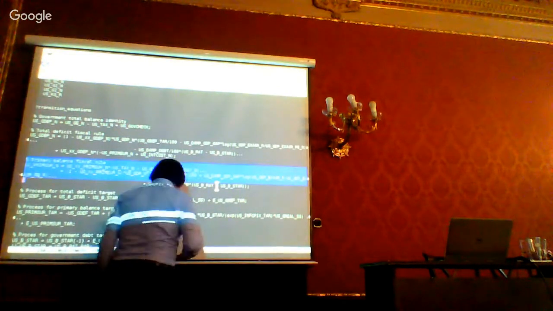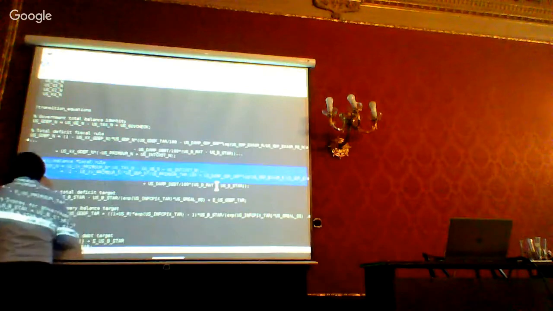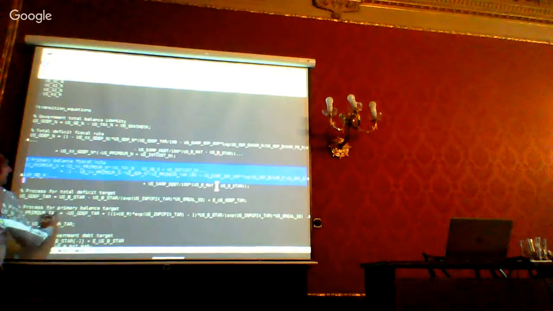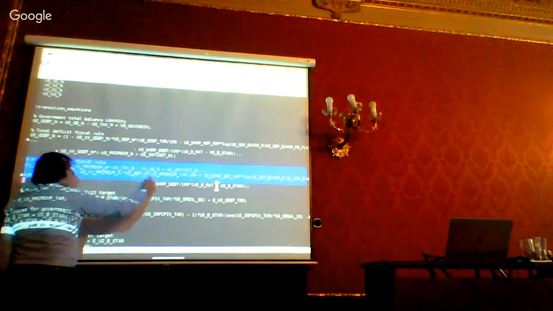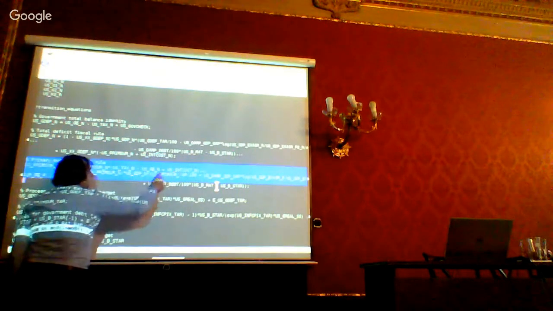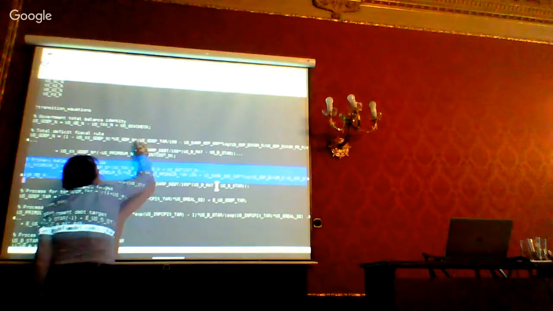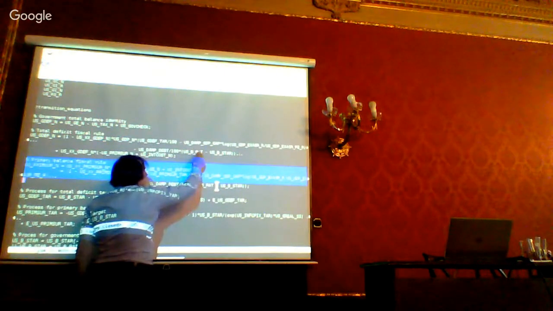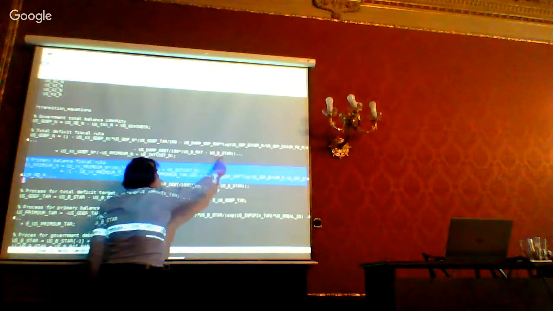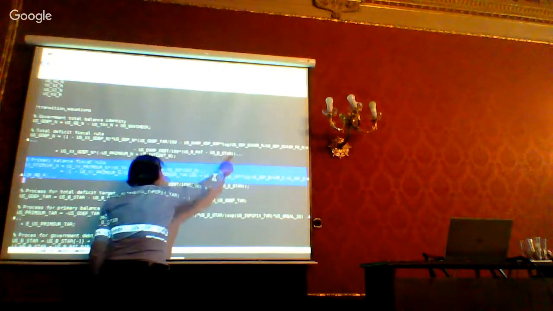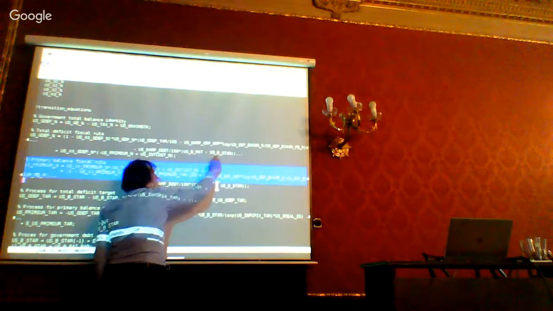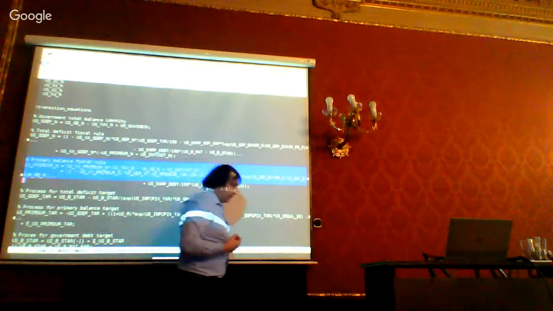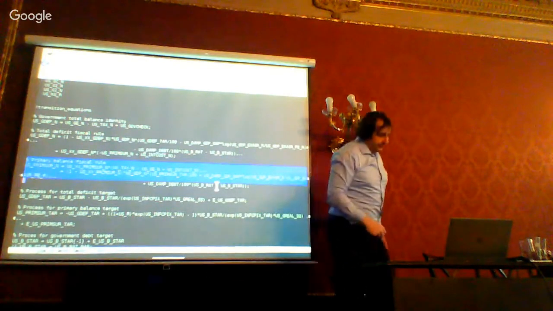So these are basically these two relationships which are useful to define this variable here and this variable here. And everything, in the long run, is driven by the debt to GDP ratio target.